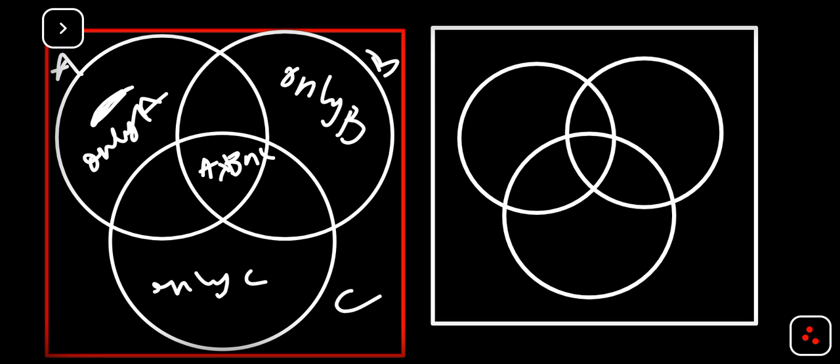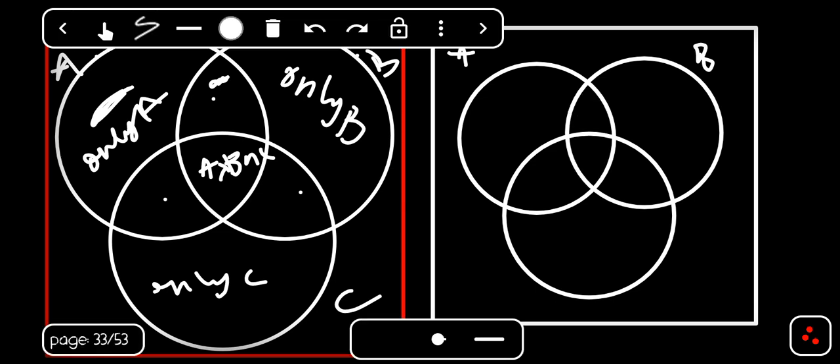All right? What about this part here, and this part, and this part? Now take note of the fact that this is an intersection for just A and B, but only A and B. You need to understand that if this is set A and this is set B, this part here is the complete intersection for A and B. But we're just talking about only this part here.